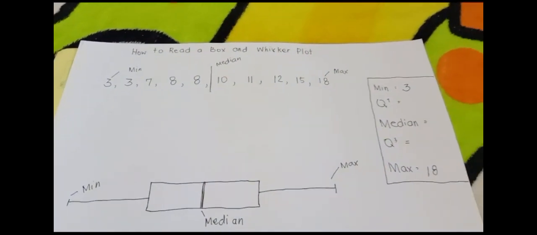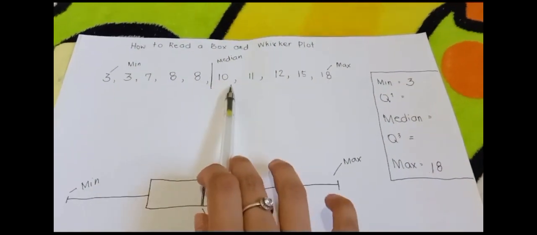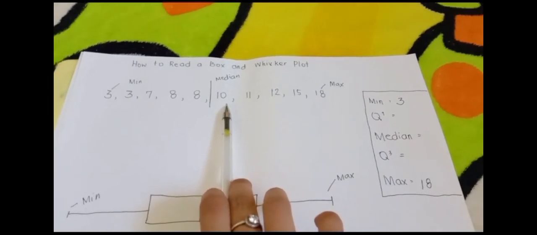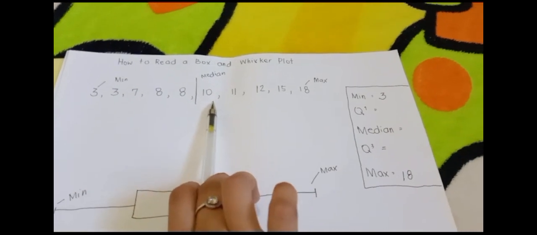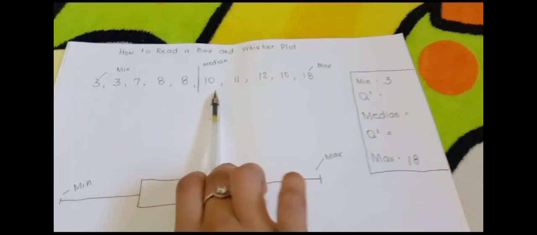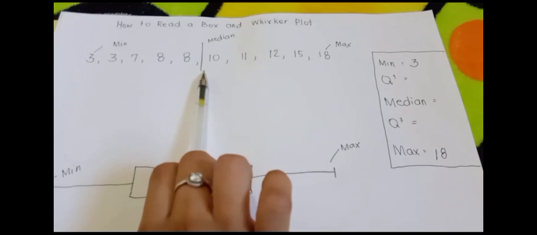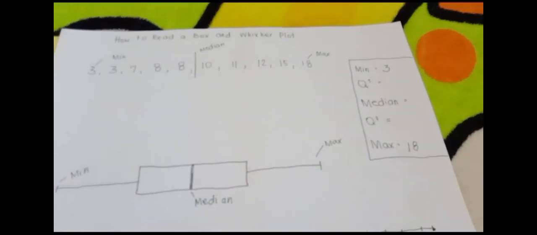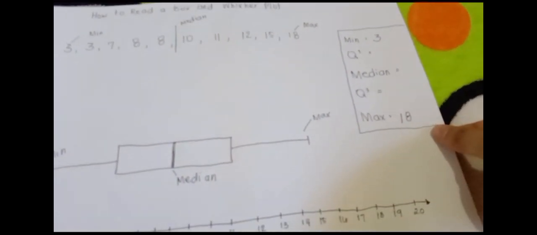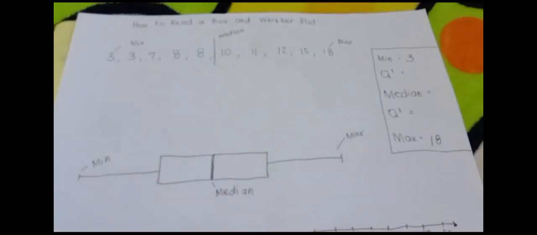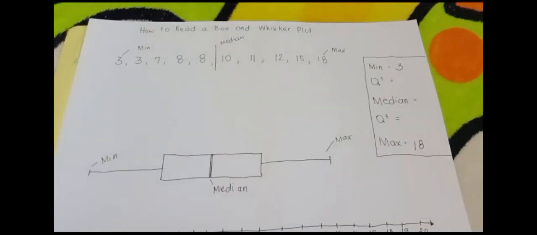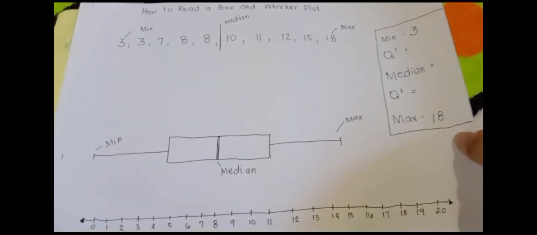Now, we are directly in between 8 and 10. So, we take the average of those 2 numbers. So, to find the median, mag-take po tayo ng average para po mahanap yung median. So, para mahanap po yung median, ang gagawin po natin ay gagamit po tayo ng addition and division.